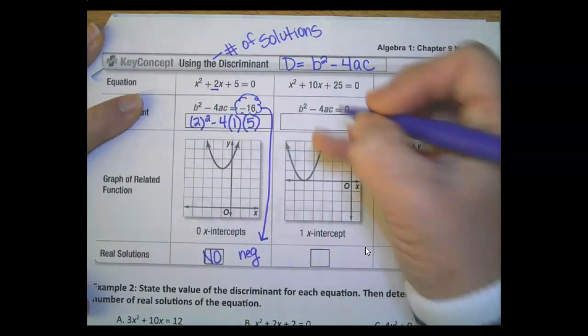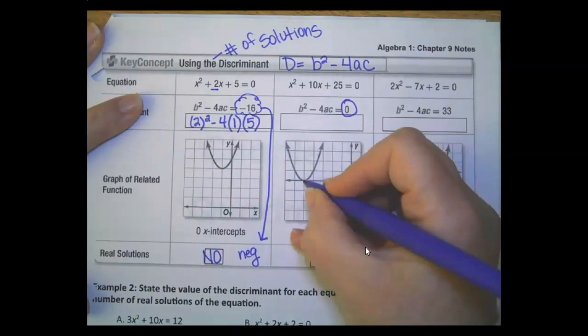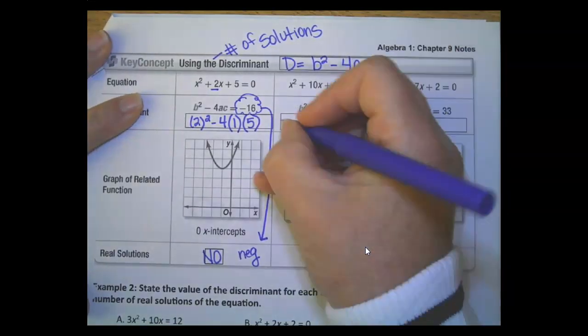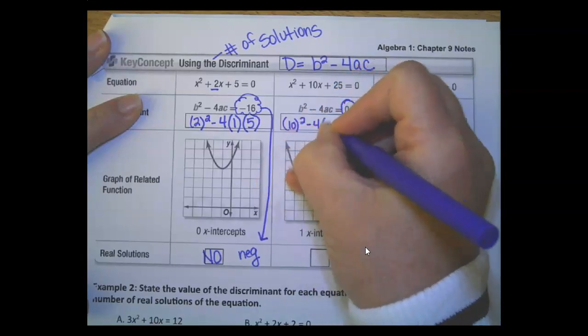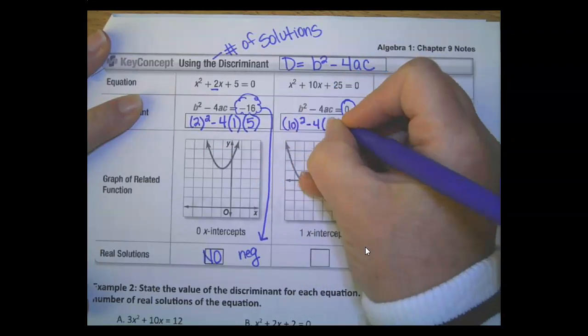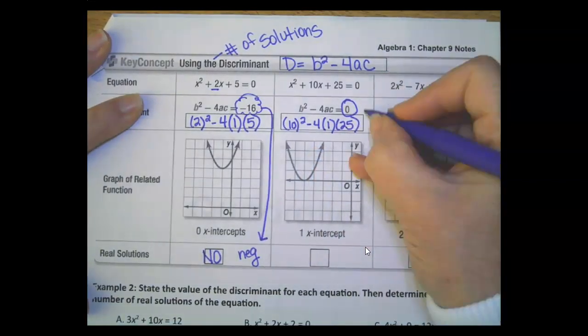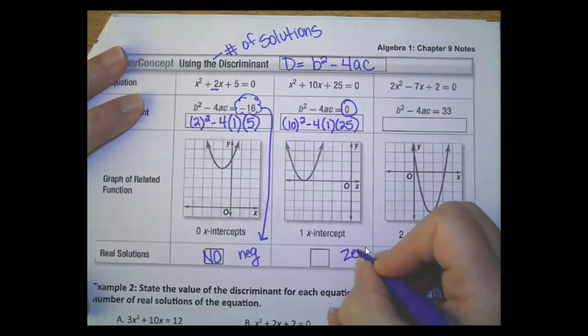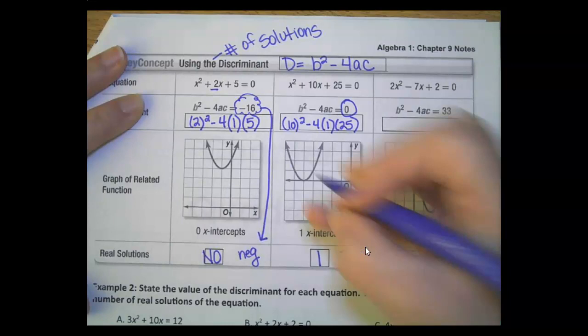If you end up with a 0, it's going to hit 1 time. So on this one, we would have done 10 squared minus 4 times 1 times 25, and I got a 0. So if I get a 0, then I have one solution, and that's here.